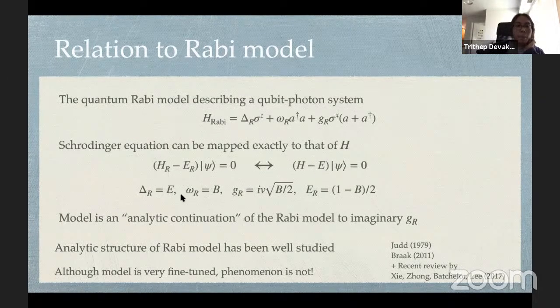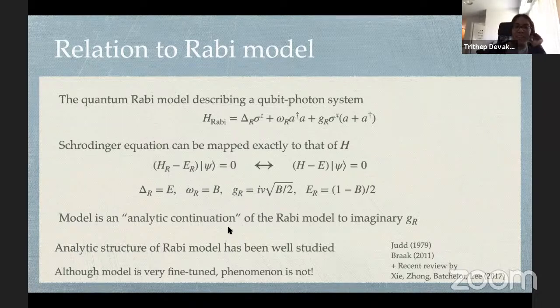So it's not that the Hamiltonians can be mapped to one another, but the Schrodinger equations can, and they involve an interchange of parameters and energy. And also this coupling parameter G in the Rabi model is mapped onto i times V times square root of B over 2. So if we want to equate these two, G has to be imaginary. So you can think of our model as sort of an analytic continuation of the Rabi model to imaginary G.